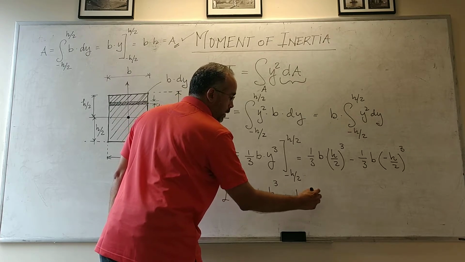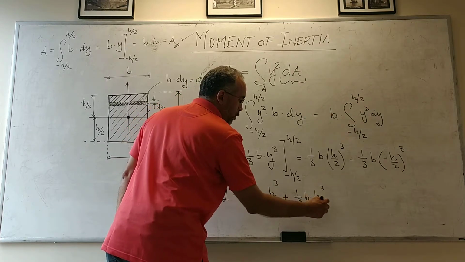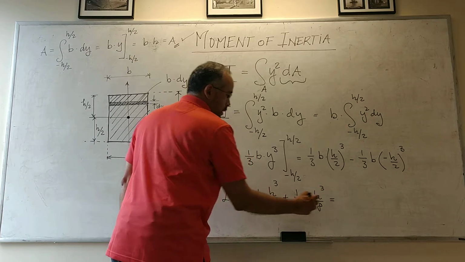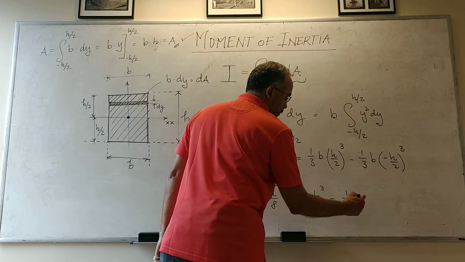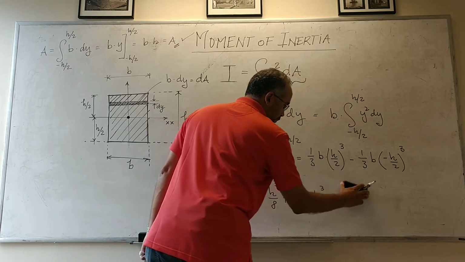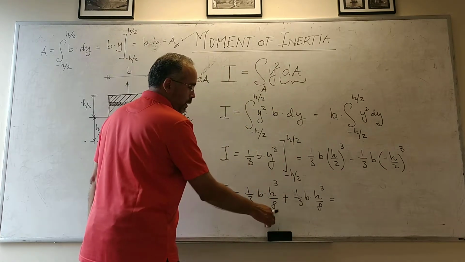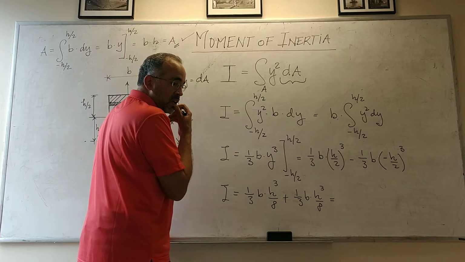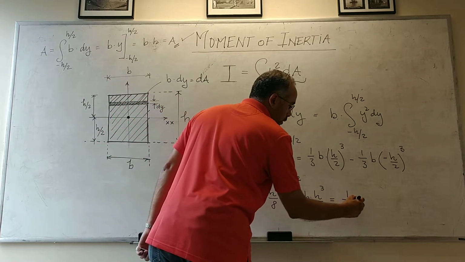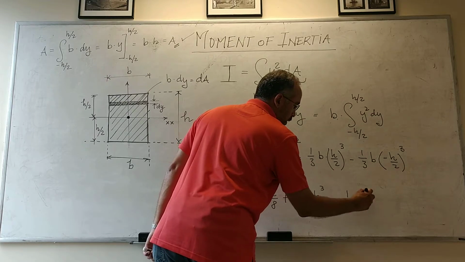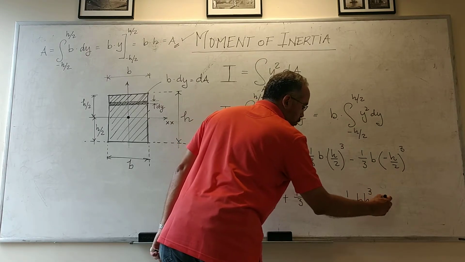So we get 1/3 b h cubed over 8 twice. 3 times 8 is 24, but there are two of those terms, so it's 1/12 b h cubed.